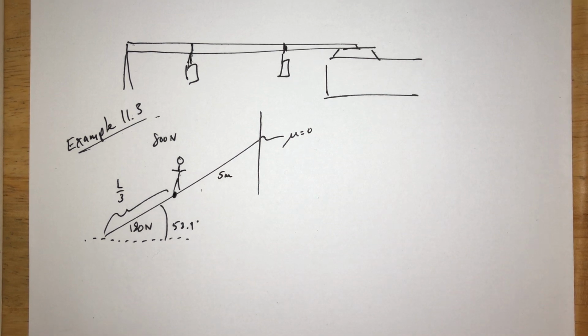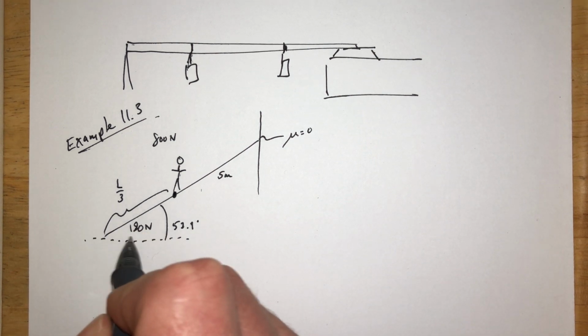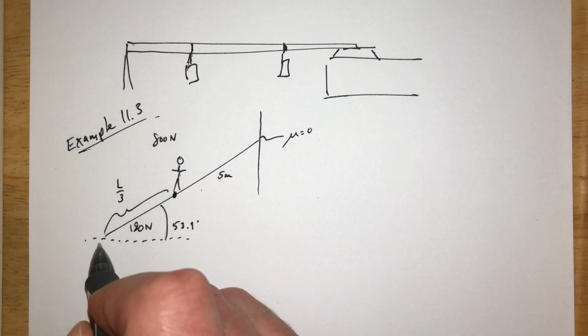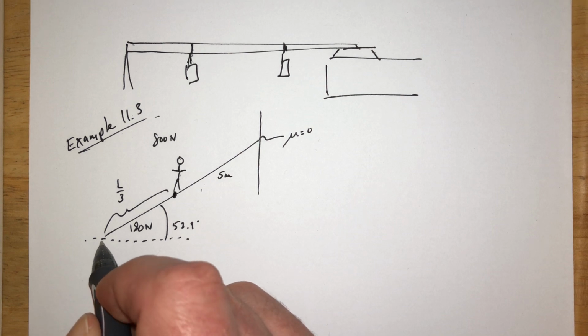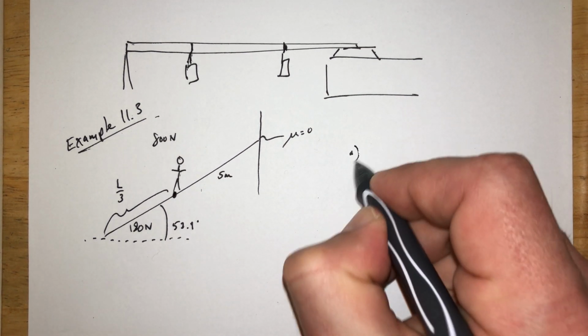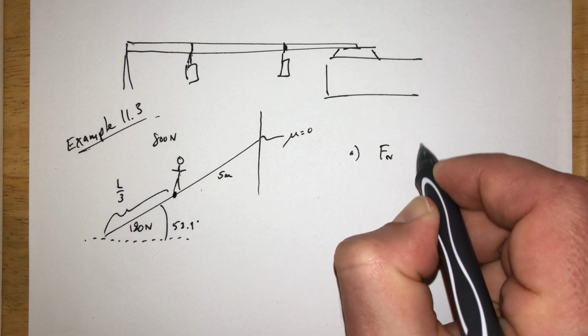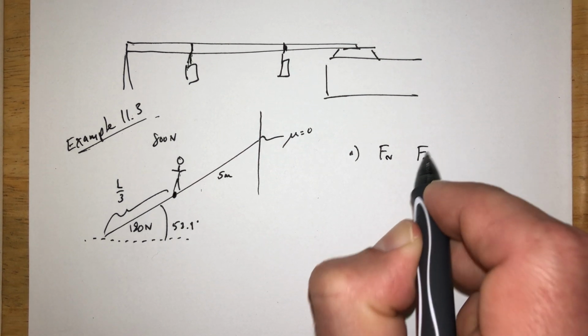We are supposed to find the normal and frictional forces at the base of the ladder here on the ground. A, find the normal force and the frictional force at the base.